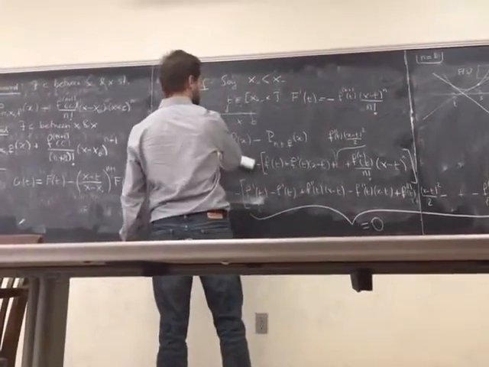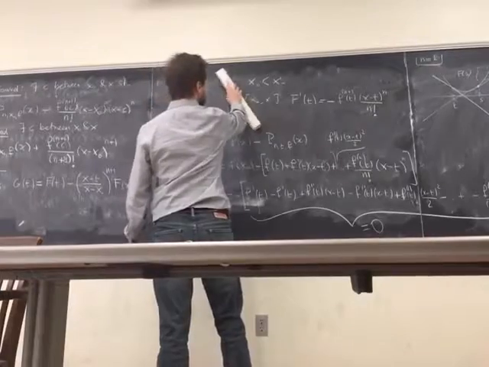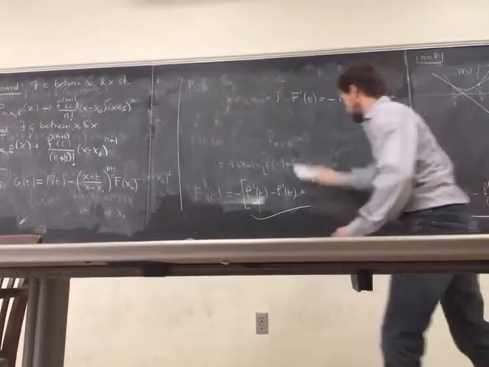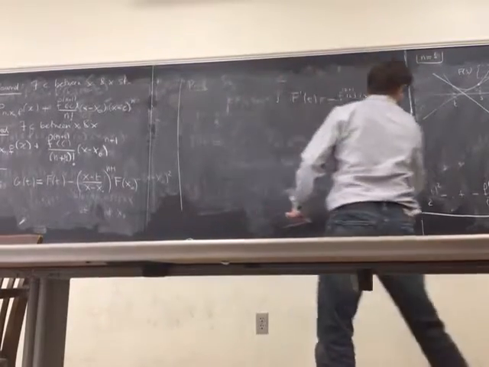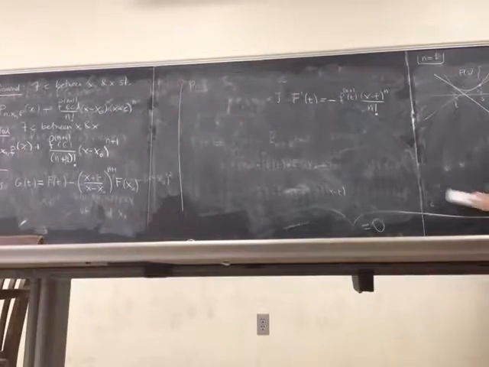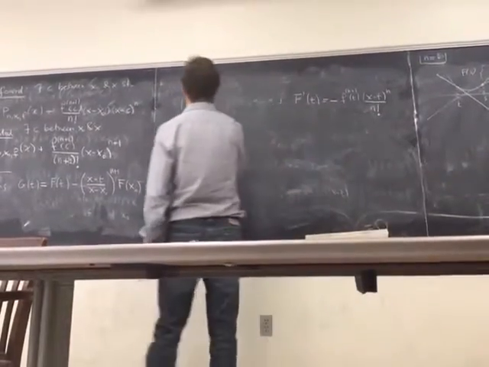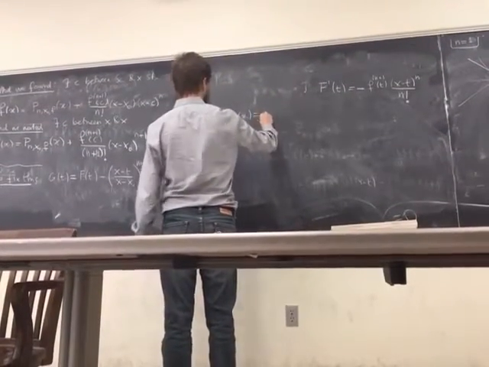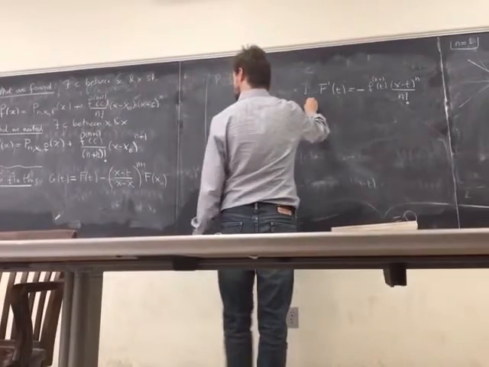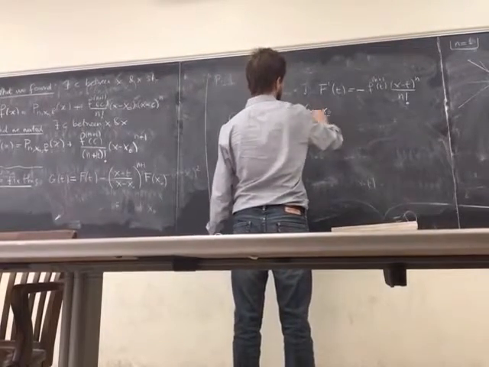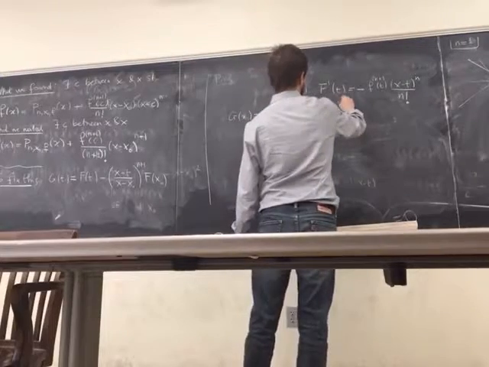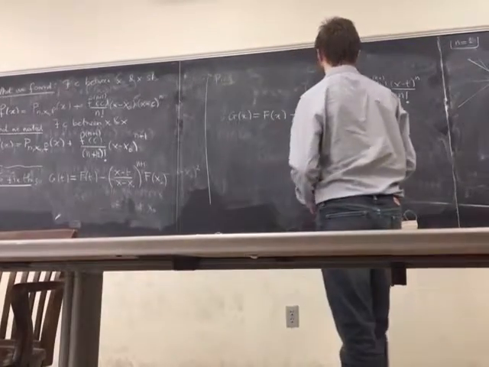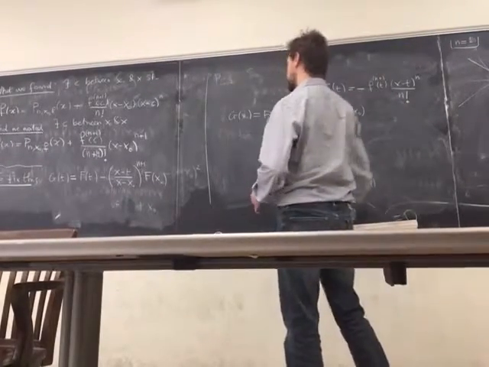Okay, so what about this new function g? I have to be careful not to erase f prime of t because this is going to be needed. If I compute g at x, it is equal to f of x minus x minus x naught divided by x minus x naught to the n plus 1 times f of x naught.